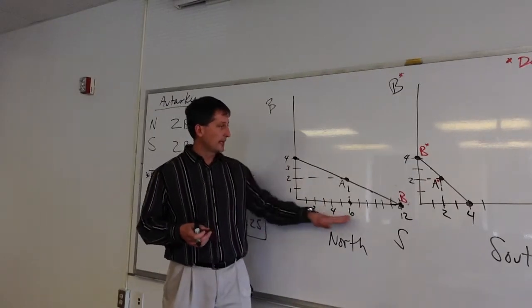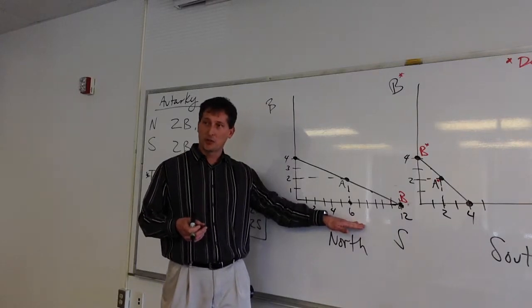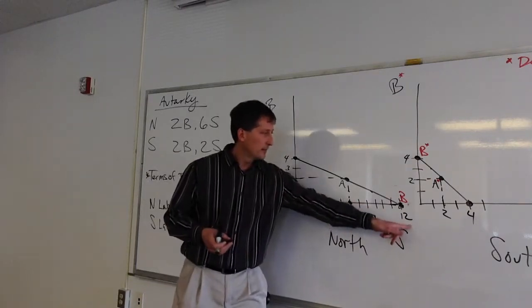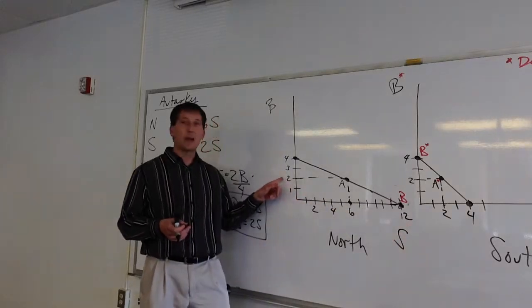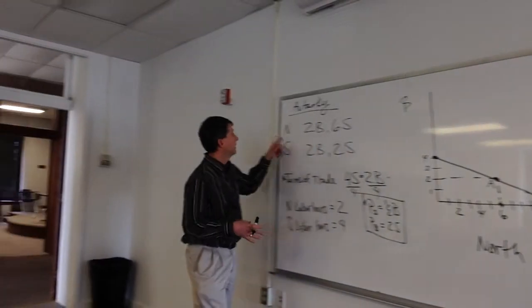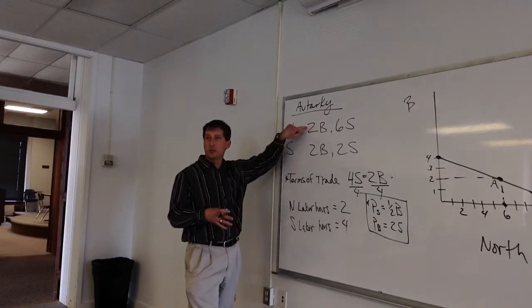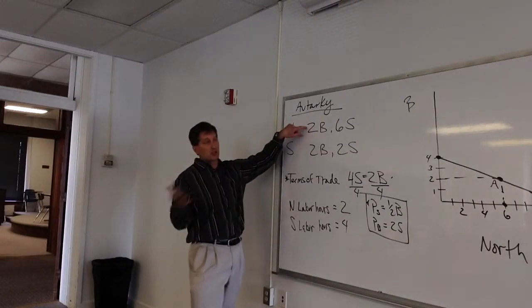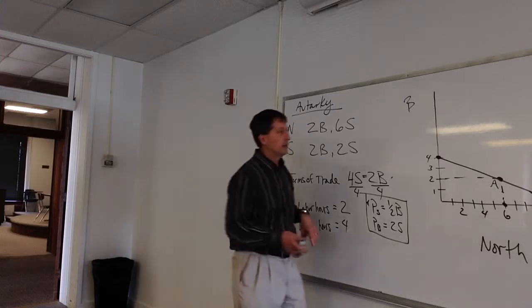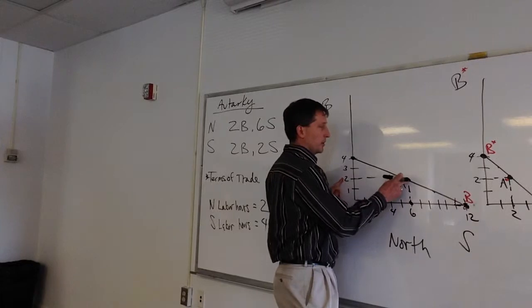So I was looking for the gain from trade in terms of shirts. So I want to trade my shirts until I get back to the amount of bread I had without trade. In the north, I used to be eating 2 loaves of bread. So let's just trade enough shirts to get back to that level of bread. So that level of bread is at 2.